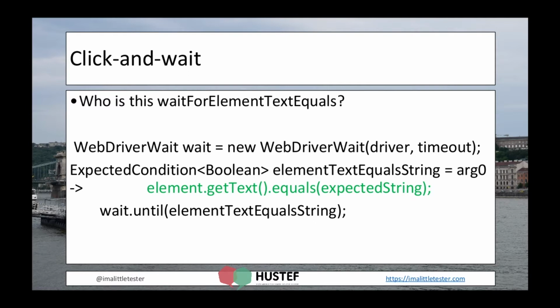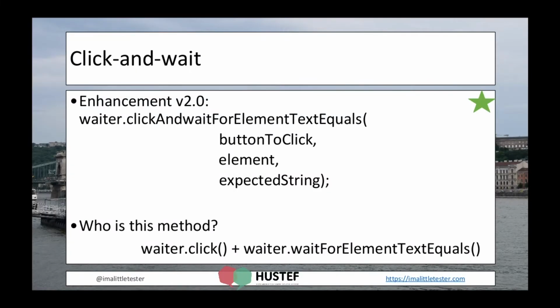But here again, we have 2 lines of code, right? So we can actually mix these 2 lines of code into just 1 line where we implement an even more custom method that says click and wait for element text. And here we just need to provide the button that we need to click on, the element whose text we are trying to check, and then the expected string we want to see there.